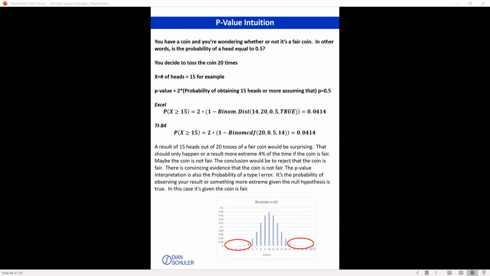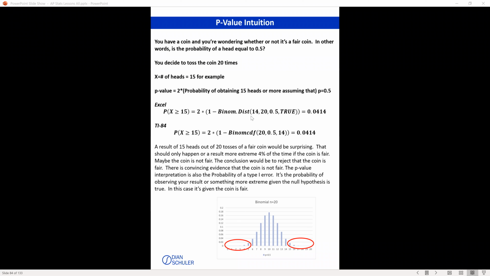And we want to the right. So we have to take 1 minus the probabilities to the left. And the reason why we're using 14 for our X value is because we don't want to include 15, because we're taking 1 minus it, and we want to be left with the 15, 16, 17, 18, 19, or 20.